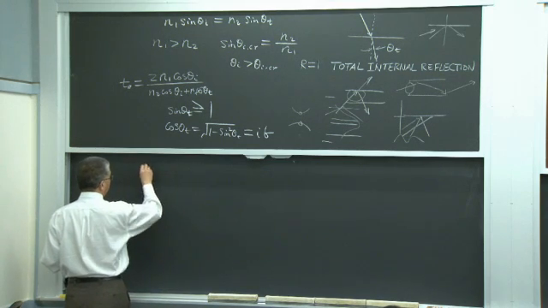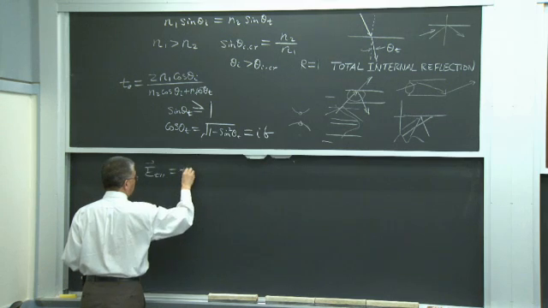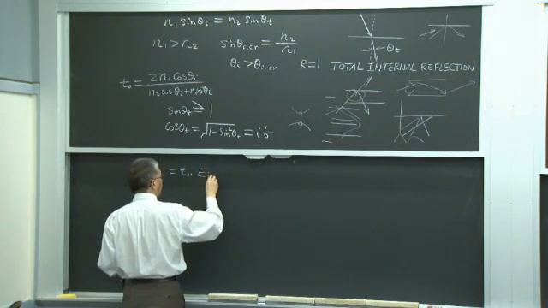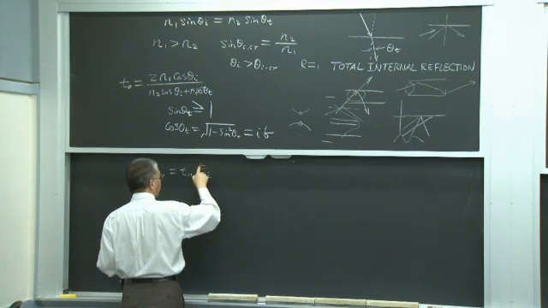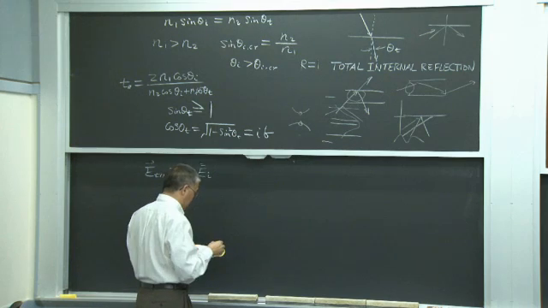If you look at the transmitted field, of course, it is proportional to the transmission coefficient and the incident field. I maybe have the angle not quite right, so let me write it just as proportional.